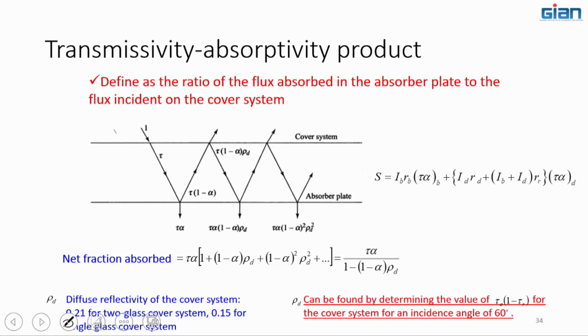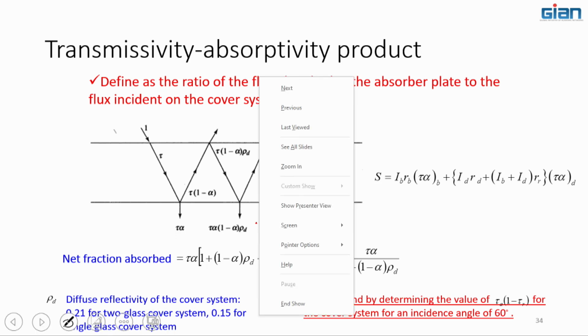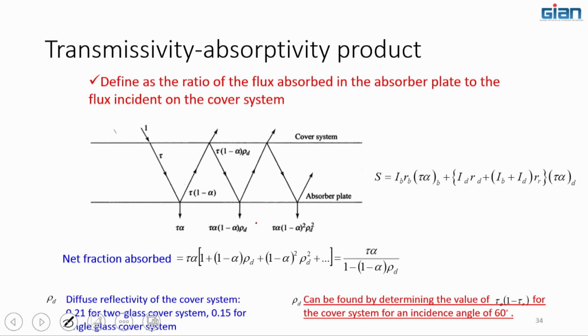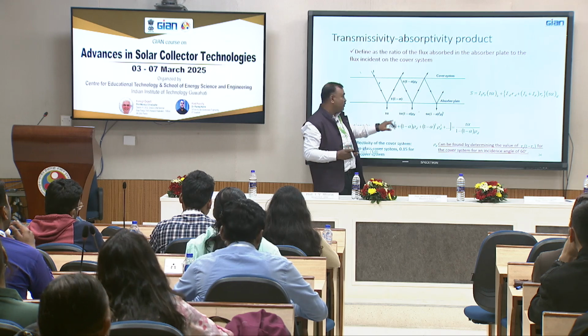So radiation falls, this is the cover, this is now the absorber plate, and this is your cover system, right. So now the cover system is only a single line. Earlier you had expanded it, it is like a single line now. So this is transmitted, and then again it goes to the tube. So it is going to the tube after the absorber plate, right. So that's how this is very, very important.